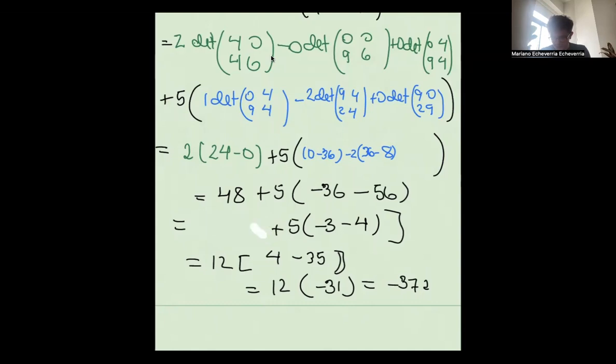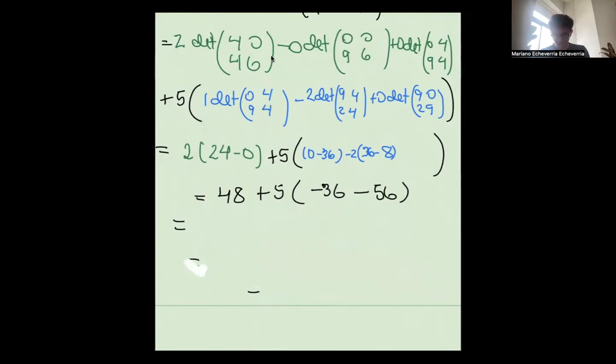Is there anything nice that I can factorize here? Well, you could factorize a 4 if you wanted, right? All of them have a 4. And then this one is minus 14, right? And then it's 12 plus.